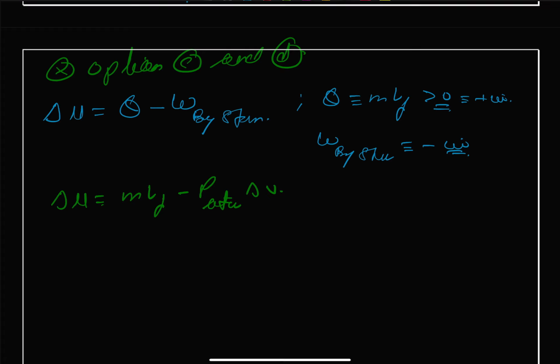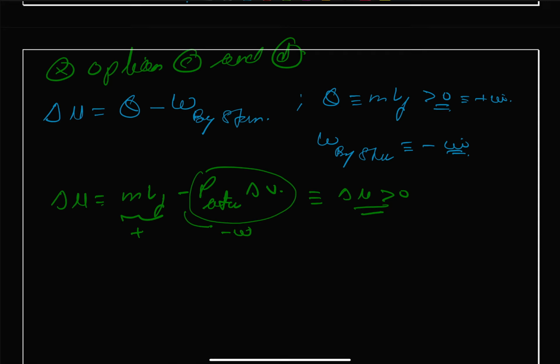And this is already positive, and this term is negative. So therefore we are going to get that our delta of U will be positive, because negative and negative is going to give us a positive. Okay.